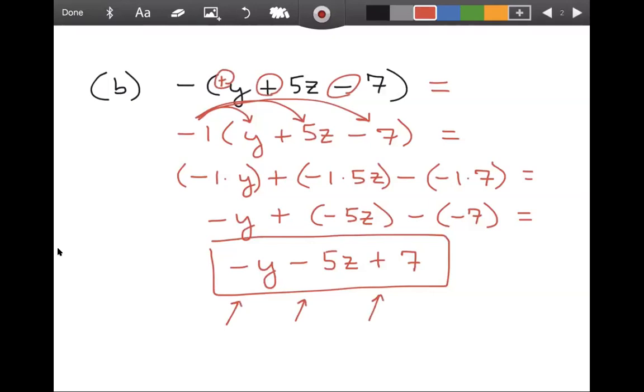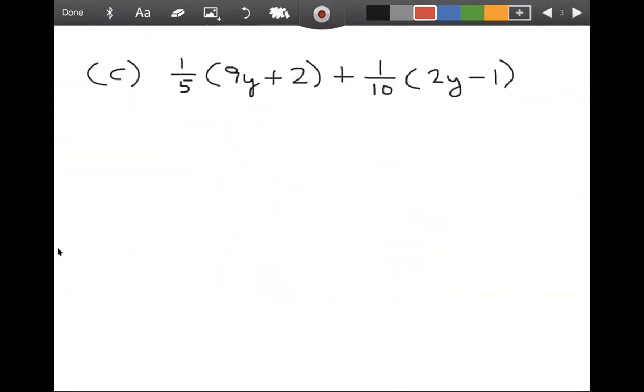Okay. All right, last example in this batch, we have 1/5 times (9y plus 2) plus 1/10 times (2y minus 1). All right, don't be afraid of the fractions.